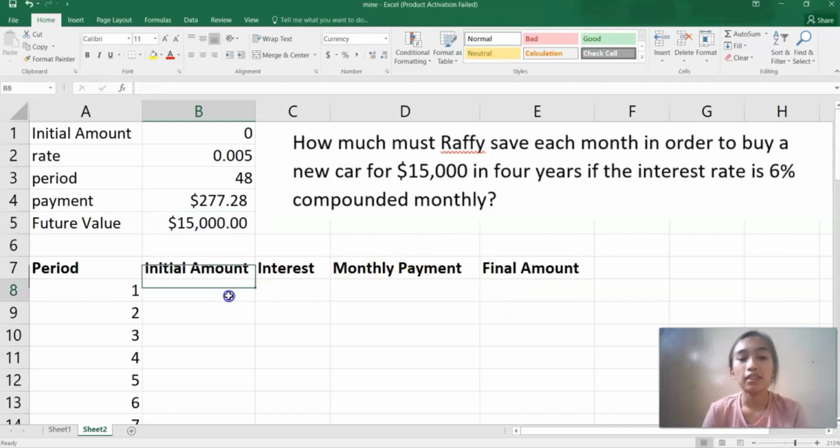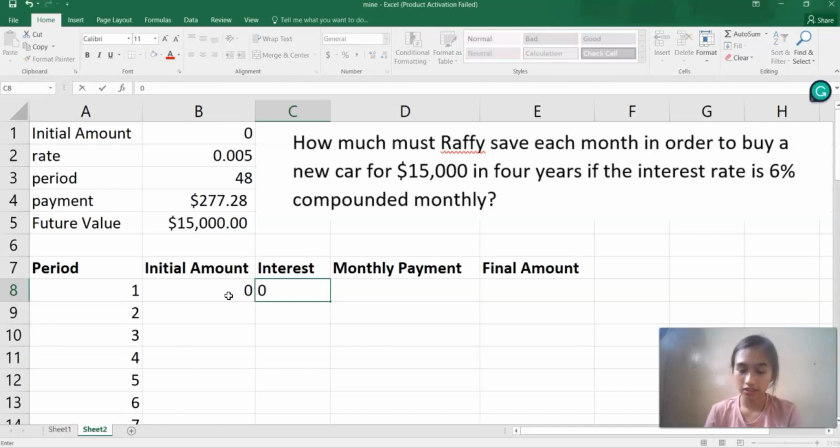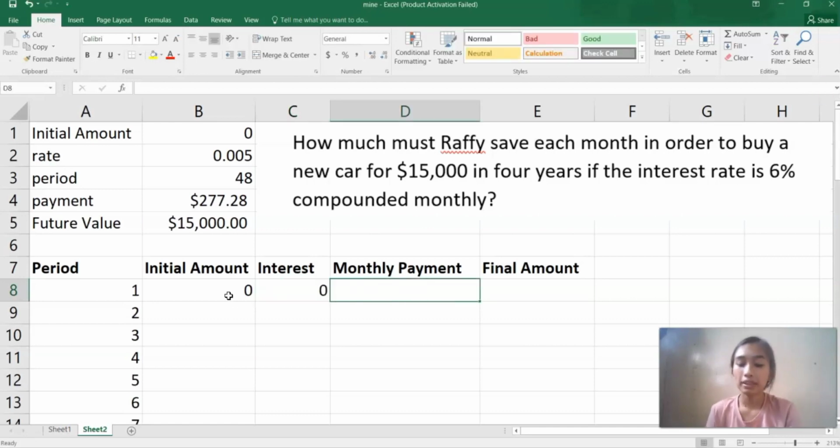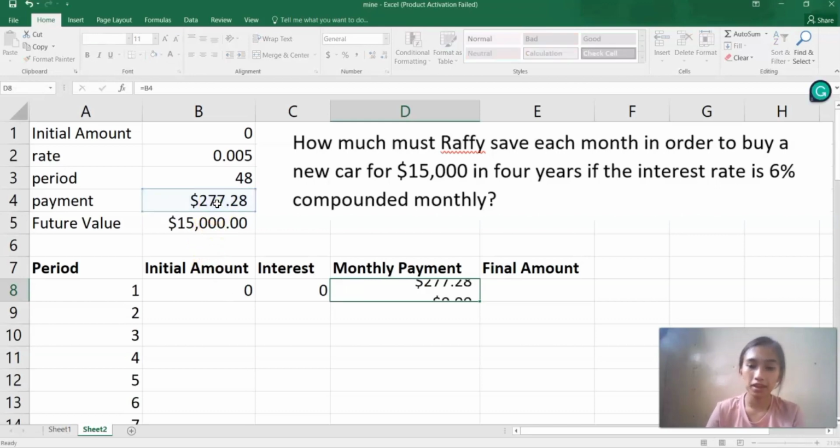Now, first payment, initial amount, since we don't have an initial amount, it is 0. And then at the interest, since there is no initial amount, we don't have any interest, so again it is 0. And then for our monthly payment, we have 277.28.